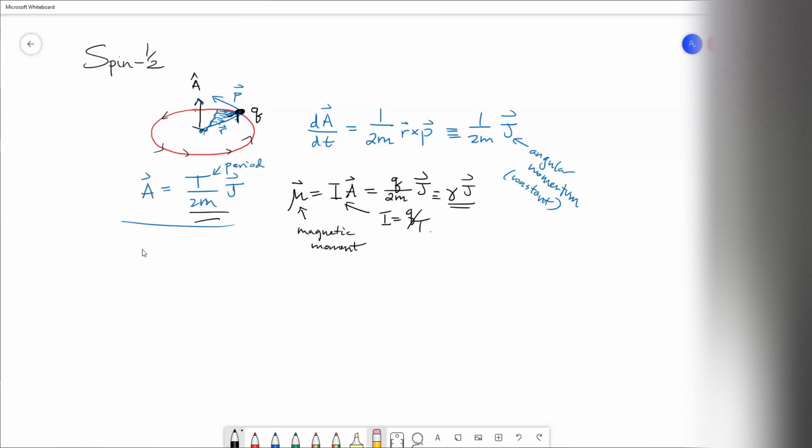So we're saying if there's a charged particle with an associated angular momentum, maybe from some orbital motion, then there will be an associated magnetic moment, which is proportional to the angular momentum. And the constant of proportionality, gamma, is called the gyromagnetic ratio. Hopefully you've seen this at some point, somewhere.